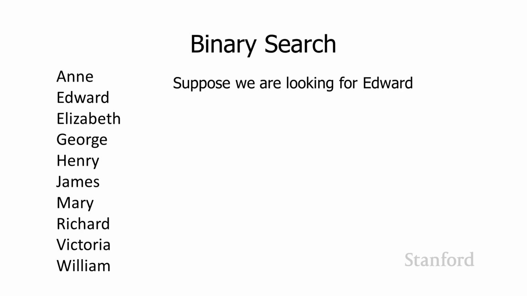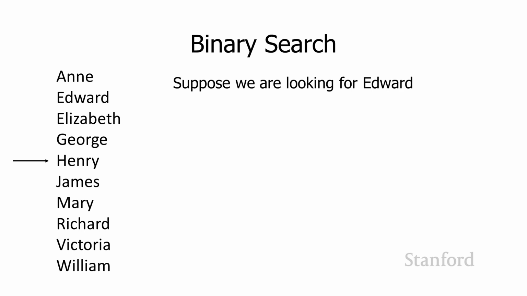I've reordered the list because, again, binary search requires that the items are ordered. Okay, so suppose we're looking for Edward. What we're going to do is split the list in half. Now, it turns out in some cases, we can't split the list evenly in half. So in this case, I'm going to split the list and start with Henry. I'm going to compare Edward to Henry.